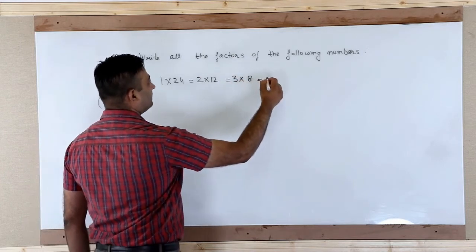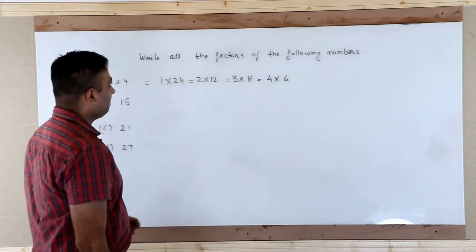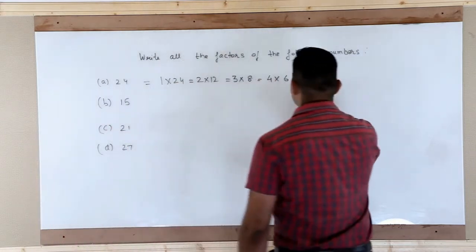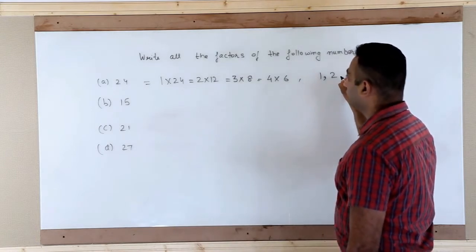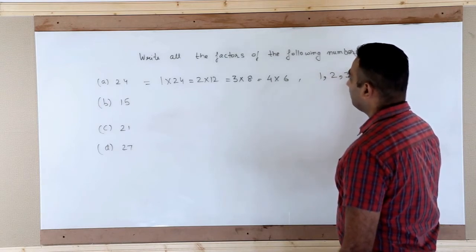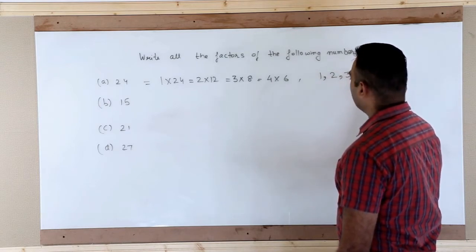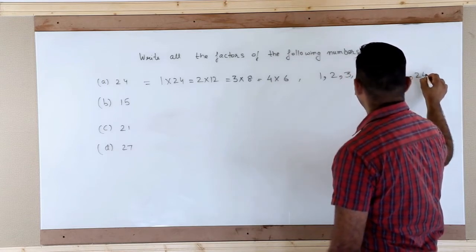And we can also write this as 4 multiplied by 6. So we can see that the factors of 24 are 1, 2, 3, 4, 6, 8, 12 and 24.